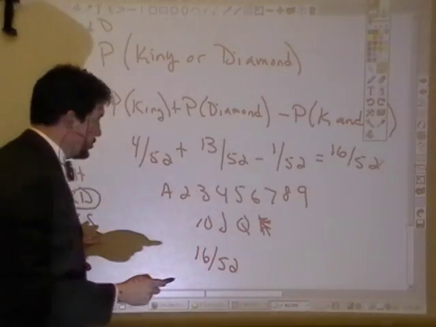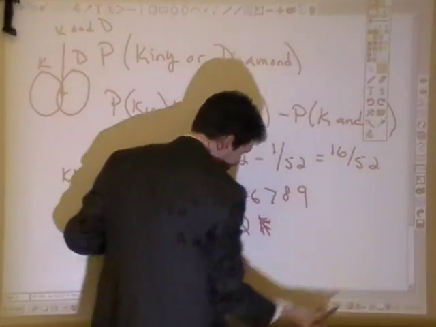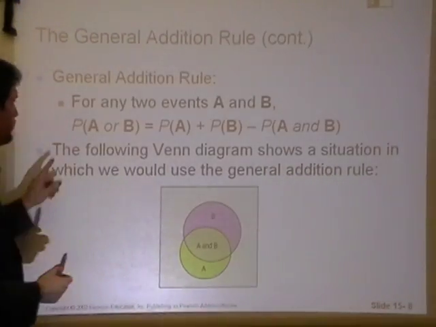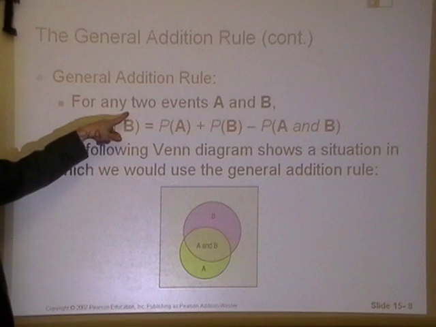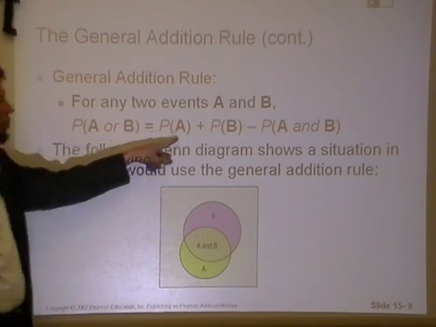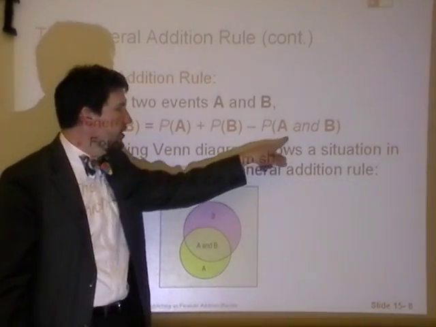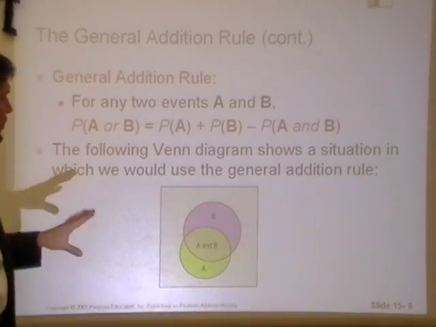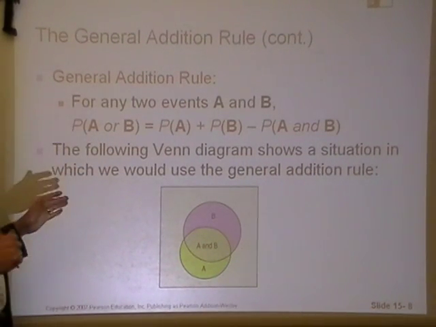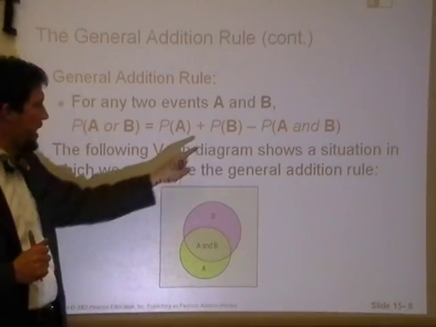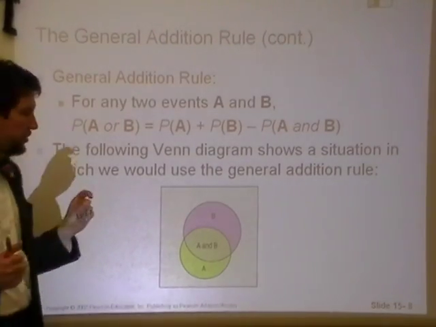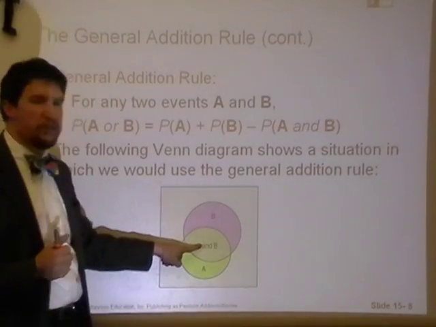So the general addition rule for any situation says this: for any two events A and B, the probability of A or B is equal to the probability of A plus the probability of B minus the probability of A and B. Any time you see "or," you're thinking, I'm going to add the successes from this group and from that group, and then I need to ask myself every single time, is there an intersection of these groups?